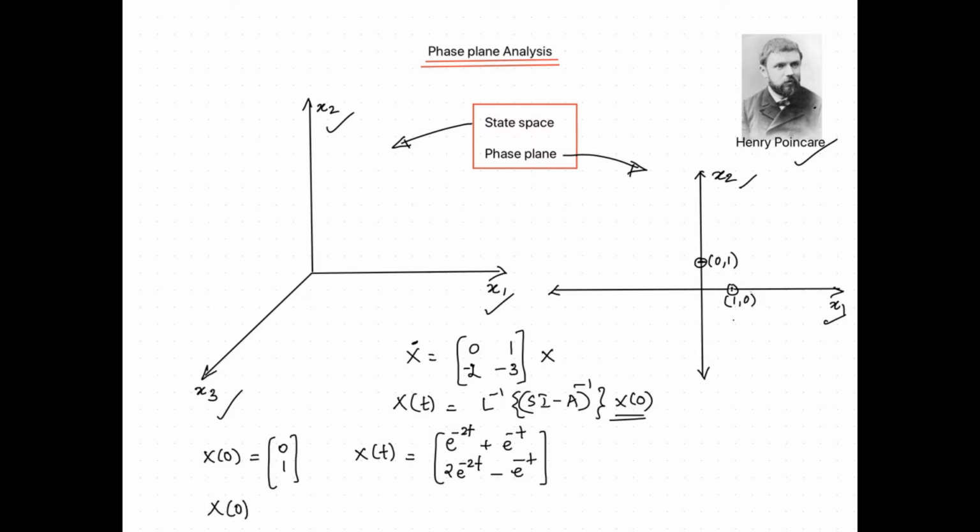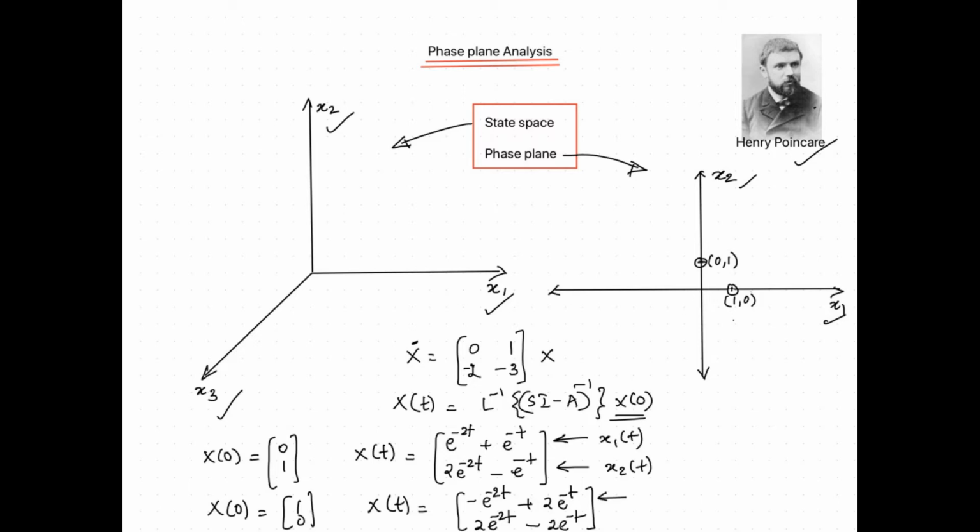Whereas if the initial condition is 1, 0, you can see that the solution is minus e raised to minus 2t plus 2 e raised to minus t and 2 e raised to minus 2t minus 2 e raised to minus t. This will be x1 of t and this is x2 of t.